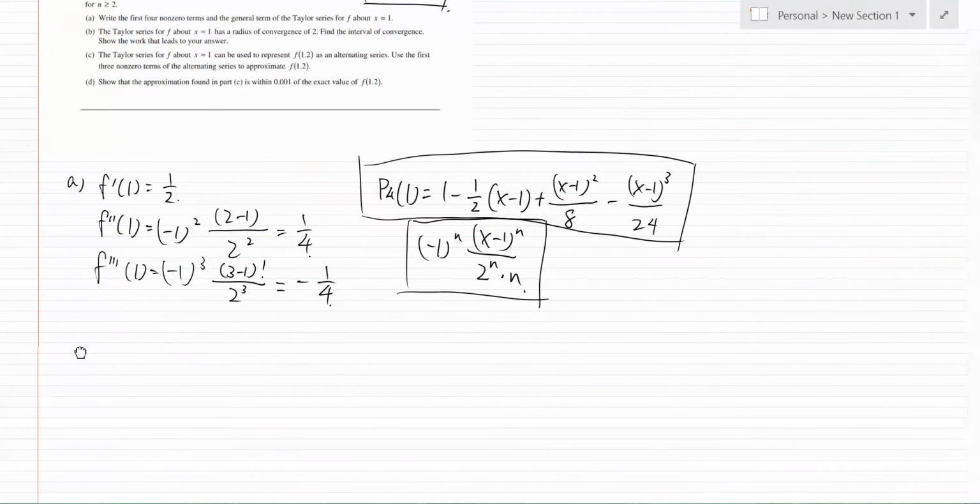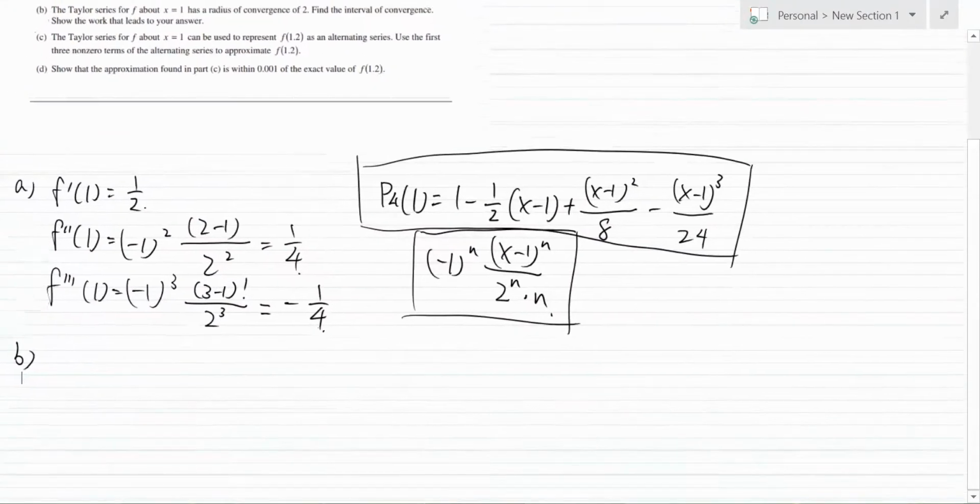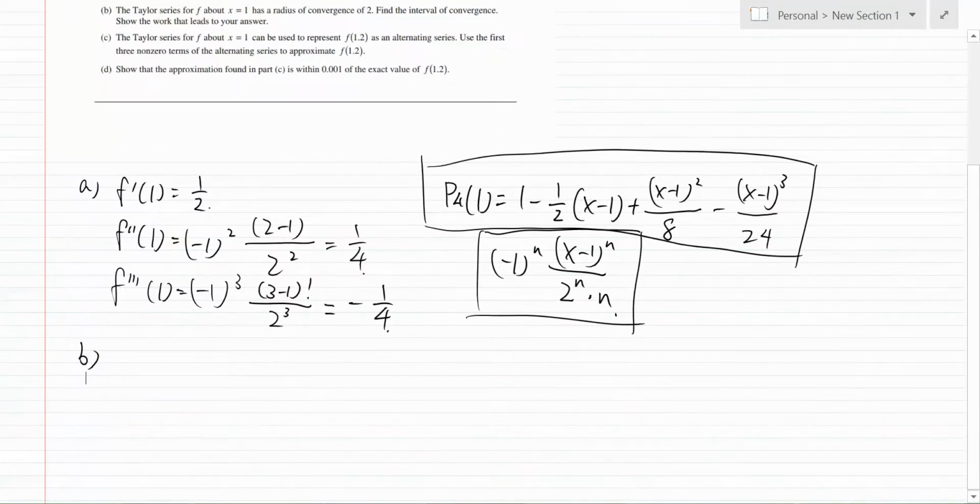And then part B says the Taylor series for f about x equals 1 has a radius of convergence of 2. So we know that if there's a radius of convergence of 2, the center is at x equals 1, so x is greater than 1 minus 2 and smaller than 1 plus 2, because x equals 1 is the center.